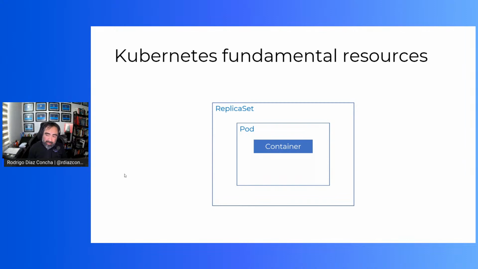I don't think that's something quite real world. Actually, you don't deploy your pods directly. What you use is a replica set. And the replica set is this object that allows you to replicate the pods. And actually, it has the configuration about how many pods you want in your Kubernetes cluster at a given time.